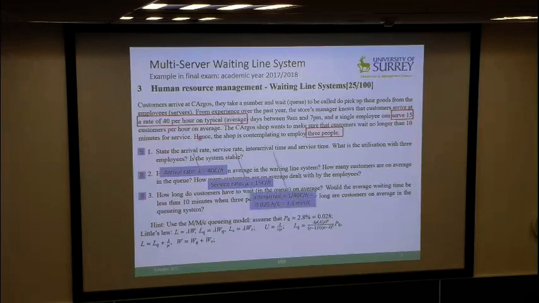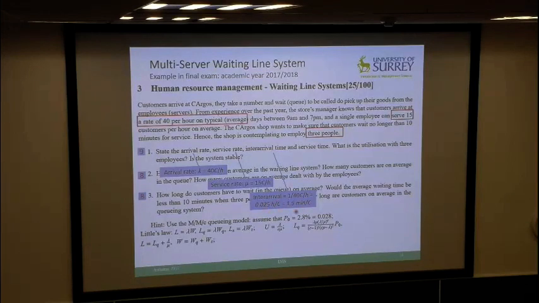Okay, and inter-arrival time. That's pretty simple because we know the arrival rate, how many customers arrive in an hour. Inter-arrival time is how many hours we can expect to wait for 1 customer. So 1 divided by the arrival rate gives 0.025 hour, roughly 1.5 minutes. You can answer hours per customer or minutes per customer.